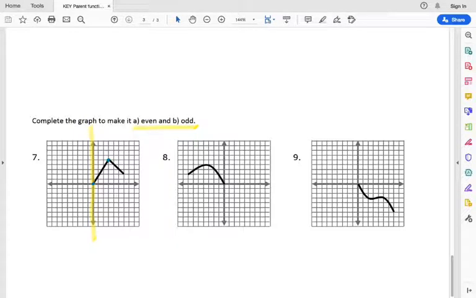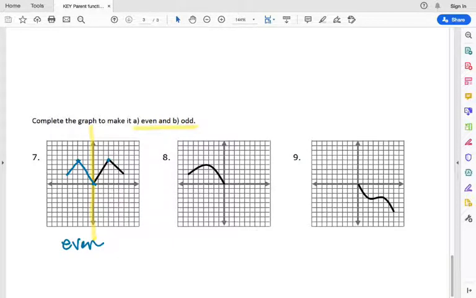Another point I might focus on is that one right there, which is over 1, 2, 3, and then up 1, 2, 3, 4, 5. So we're going to go over 1, 2, 3, and up 1, 2, 3, 4, 5, and put a point here. If you go over 5, and up 2, you should have a point right here. So this would make that function even because it's a reflection over the y-axis.